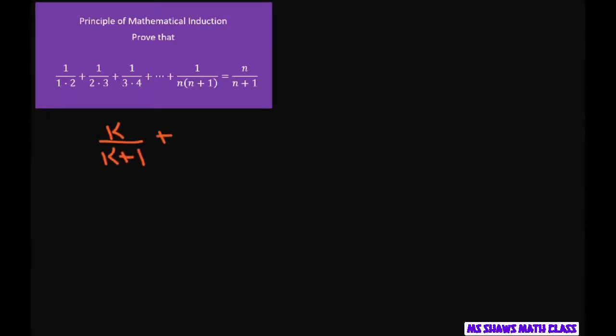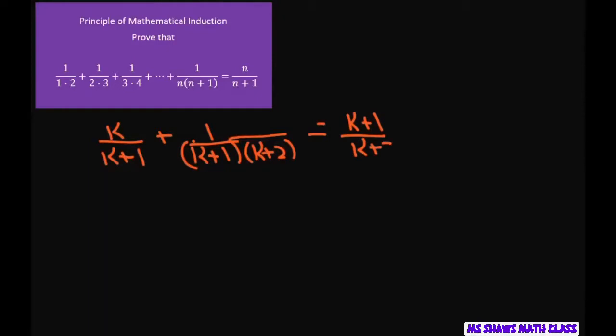And then our next term was 1 divided by k plus 1 times k plus 2, and our final summation was k plus 1 divided by k plus 2. So again, this first part was just this part with the k, because that's what that equals, and then we added that new term, and then we had to change the sum with the next term.